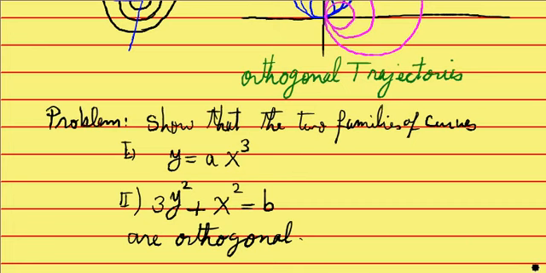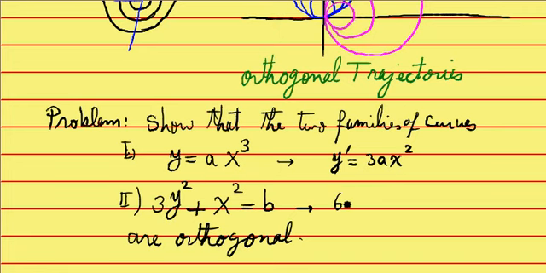Well, we go ahead and find the derivative or the slope on either of these two curves. This one tells me that y prime is equal to 3ax squared. This one, what does that tell me about y prime? This is a little bit unusual to differentiate, but just by implicit differentiation it will be straightforward.